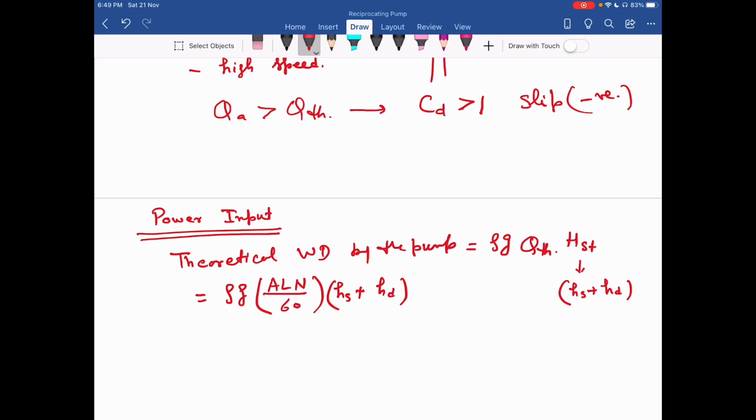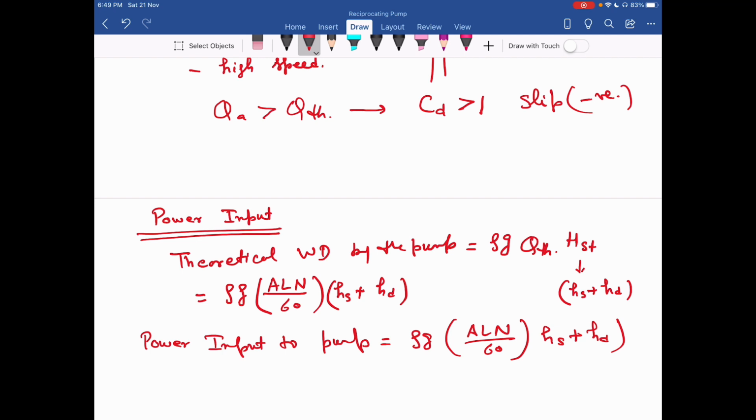Okay, so this is the work done by the pump, or you can also write this is equal to the power input to the pump. Power input to the pump is rho g ALN divided by 60 into HS plus HD. However, due to leakage or friction losses, the actual power will be more than the theoretical one. This is the theoretical power.